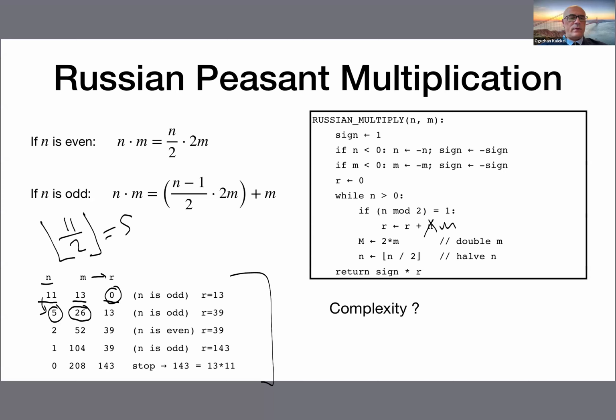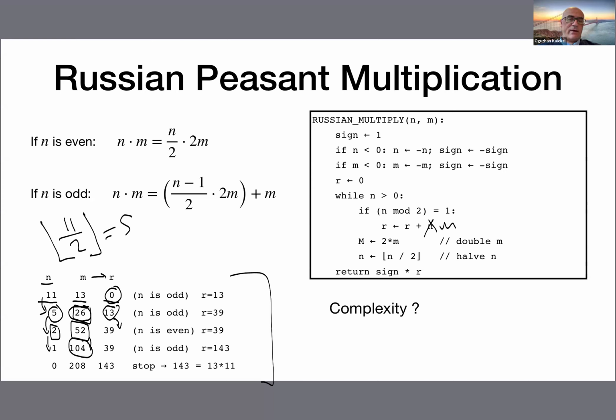Anyway, next step, I have 5. I will again halve it to 2. This is still an odd number, so I need to add 26 to the current 13, so it will become 39, and I will double this 26. Continue. Now that is an even number, so I will not be adding anything to r. This will just become 1, and this will become 104.